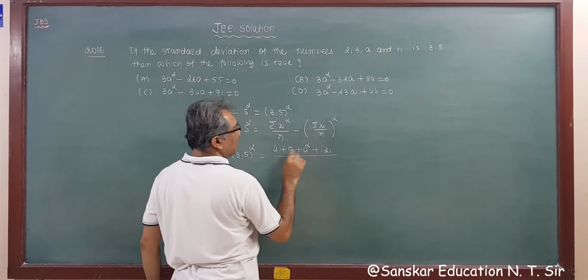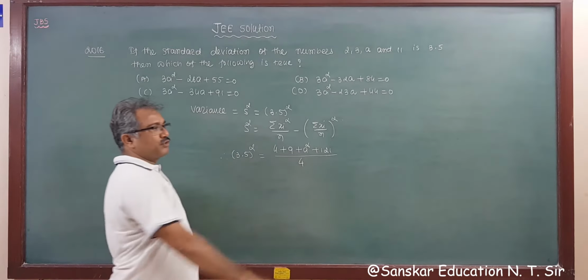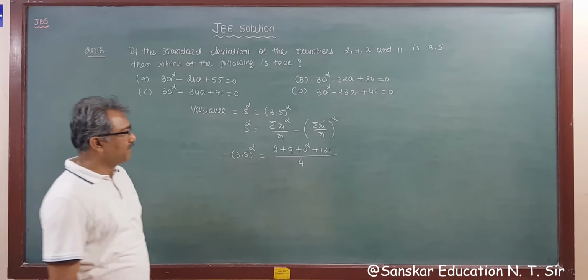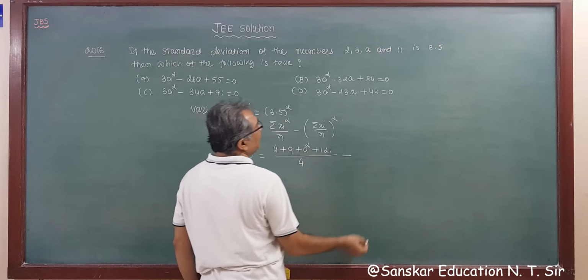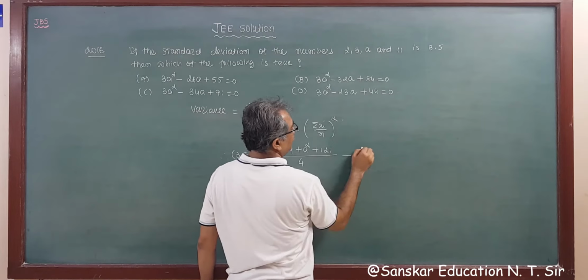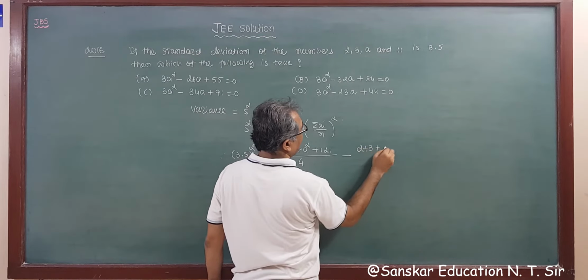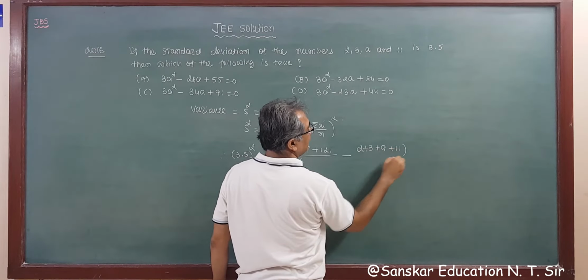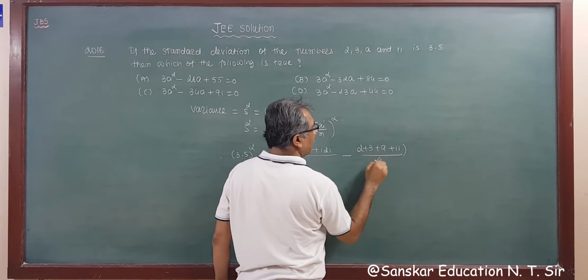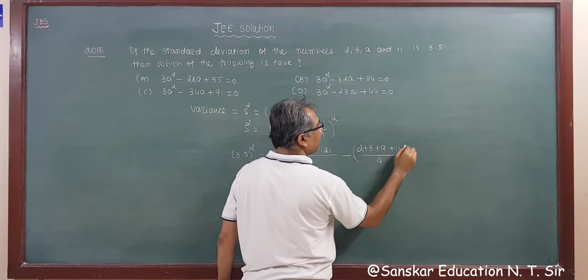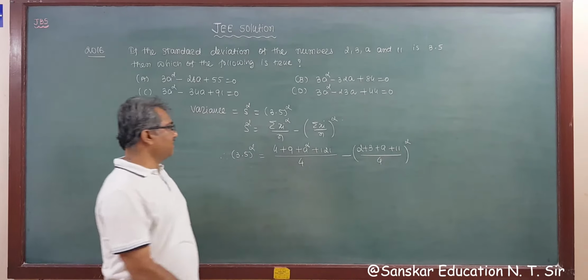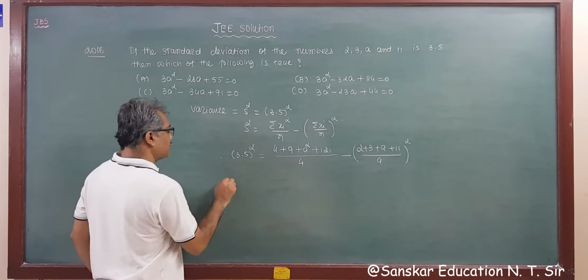Plus 121, divided by n, which is 4 observations, minus sigma xi, that is 2 plus 3 plus a plus 11, divided by 4 whole square. So this is 3.5 whole square.